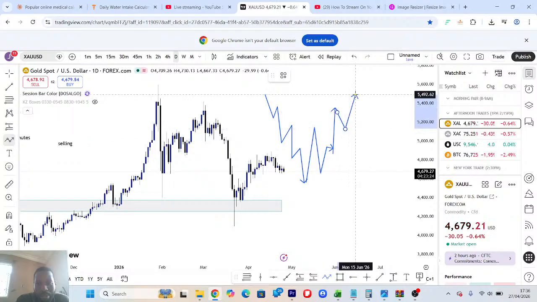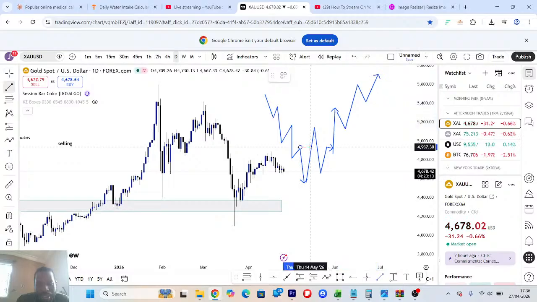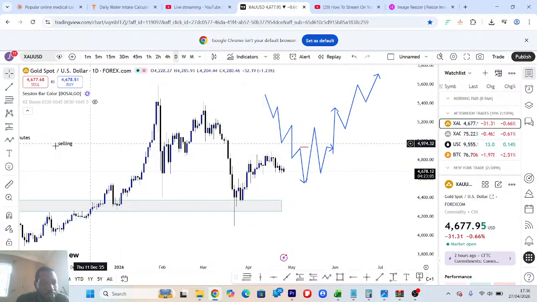So this point here, where the market didn't create a lower low but first created a higher high, is what they call a change of character. In most cases, people call it market structure shift.